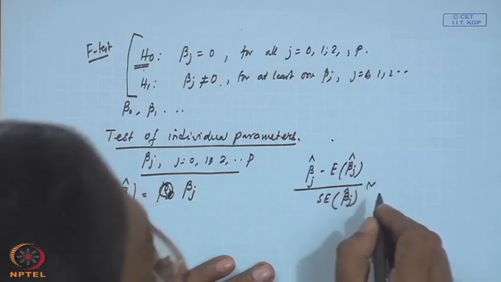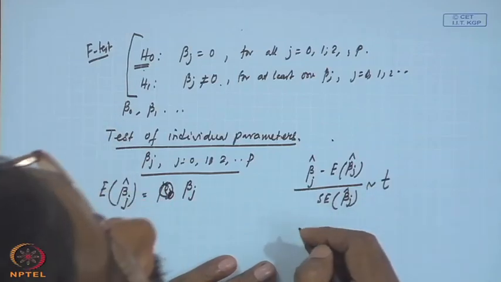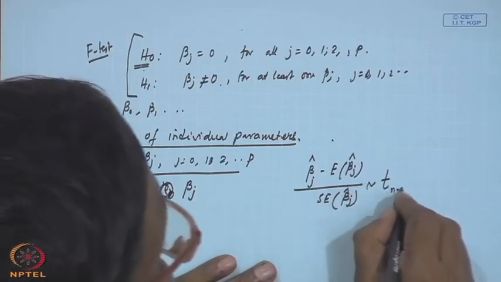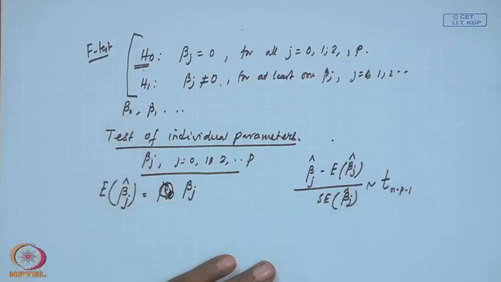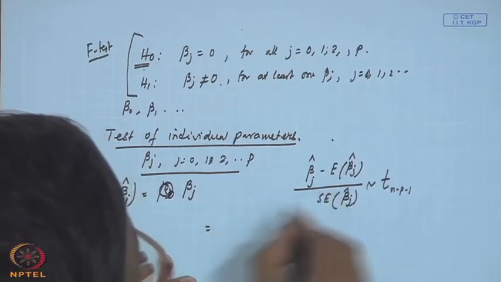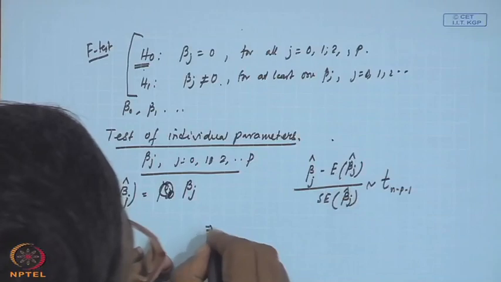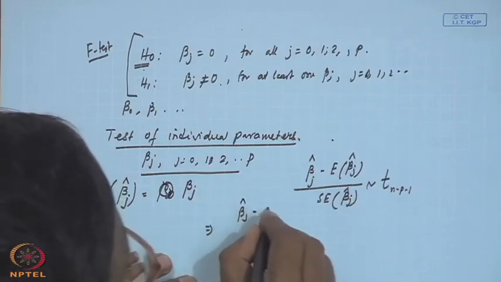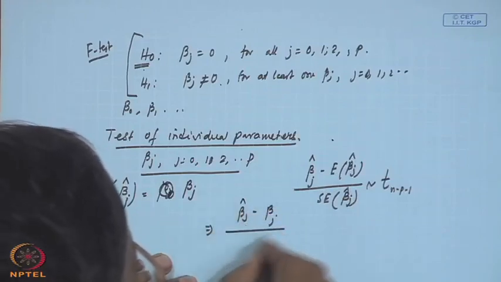This will follow a t distribution, with n minus p minus 1 degrees of freedom.